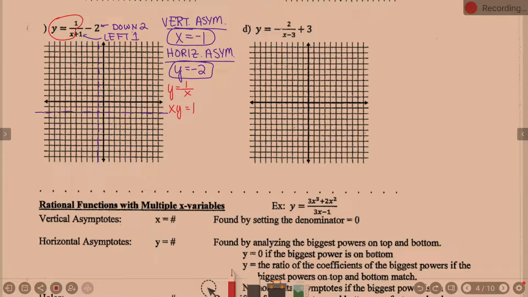Kind of limits us, doesn't it? But that's all right. I'm going to make this work one way or another for you. Okay, what two numbers multiply to be 1? 1 times 1. Besides +1 times +1, we could also talk about -1 times -1.